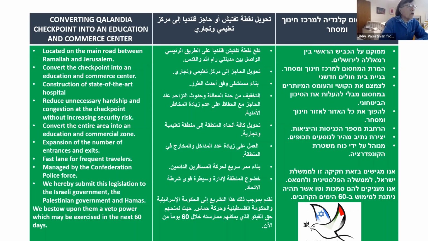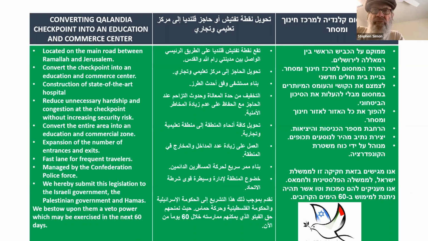Located on the main road between Ramallah and Jerusalem. Convert the checkpoint into an education and commerce center. Construction of a state-of-the-art hospital. Reduce unnecessary hardship and congestion at the checkpoint without increasing security risk.